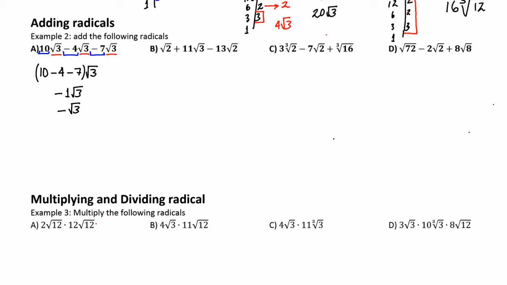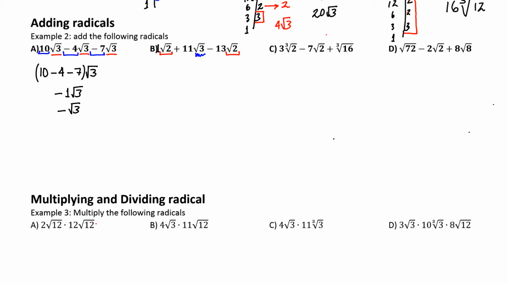So in the next one, okay, you'll notice that this and this is the same radical, but this one is not. Okay, so 11 square root of 3 we won't be able to add. The only ones we will be able to add is the square root of 2 and 13. Now remember that even if you don't see it, there's always a 1 next to the radical, next to a variable, next to a number.